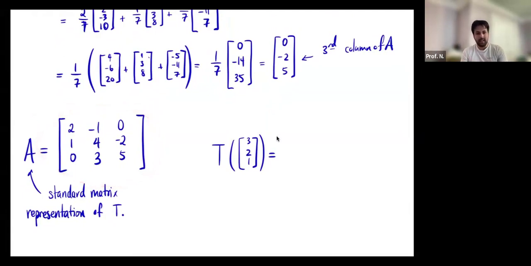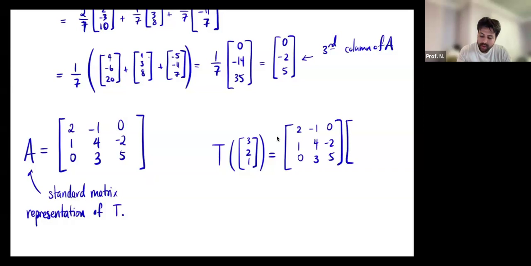I don't have to worry about the bases, or about representing one vector in terms of the other vectors. I have the genetic code, the code that tells me exactly where this vector 3, 2, 1 will go when I apply the T transformation, which is just left multiplying by A.